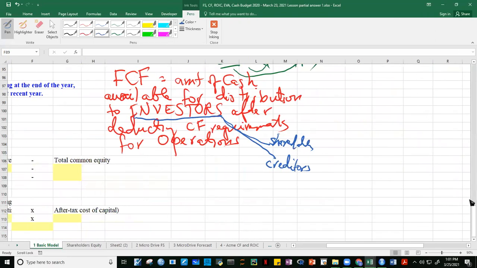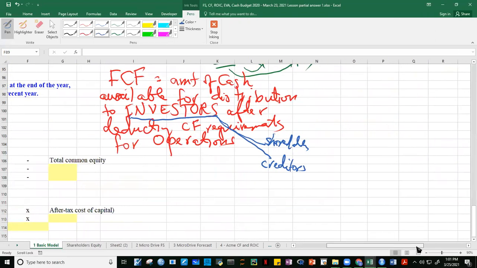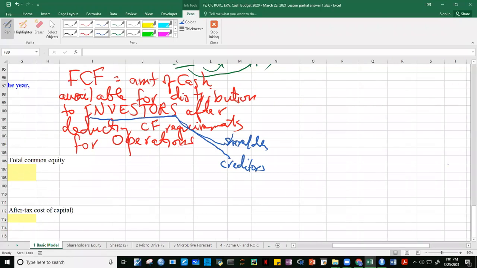In fact, di ba, ano ba yung basic accounting equation? Basic accounting equation is the total assets. This is the fundamental accounting equation. Total assets is equal to total liabilities plus total equity, right?